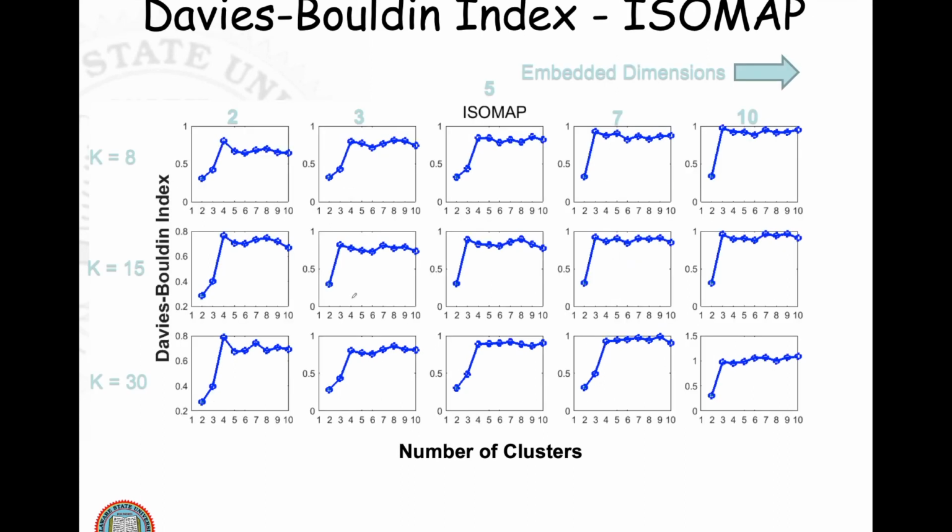Now, let's look at the same graph for our nonlinear methods. In our nonlinear methods, we get a similar behavior. It starts to drop a little bit as our clusters increase after an initial spike. But our DBI score for ISOMAP for K nearest neighbor of 8, K nearest neighbor of 15, neighborhood size of 30. Those are the rows, and the columns are the embedded dimensions. So what we see here, as you increase the neighborhood size, what happens?